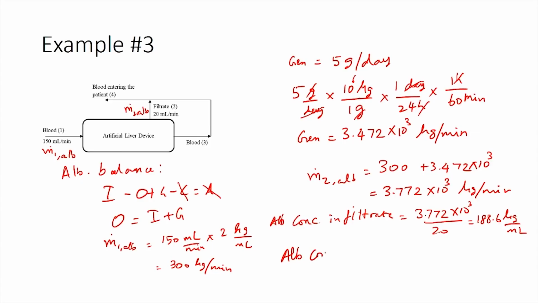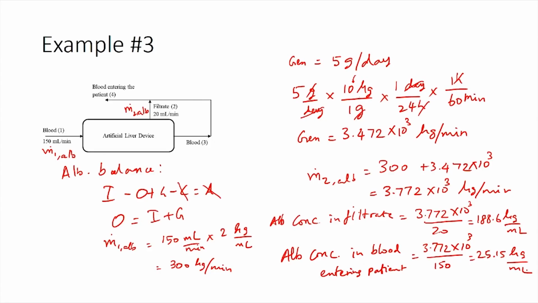Albumin concentration in blood entering the patient would be 3.772 times 10 power 3 divided by 150, which is equal to 25.15 micrograms per ml. So, with this we have calculated all the concentrations that have been asked for.